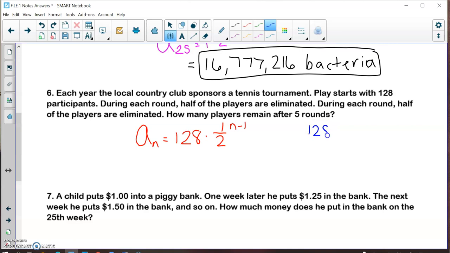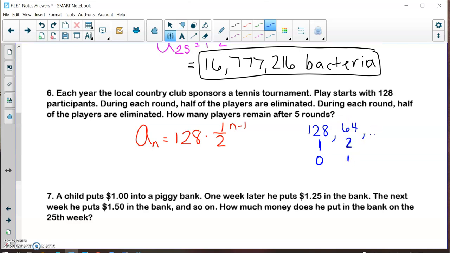We start with 128. This was term 1, which 0 rounds have been played at this point. And if I do 128 divided by 2, I get my next term, which is term 2, and that was after the first round has been played.